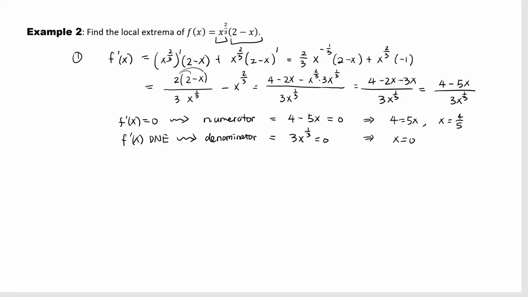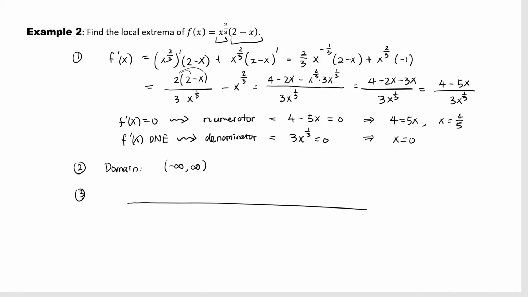Okay, so the second step, we figure out the domain. Here we get cube roots. Cube root is fine, right? For square roots, we need the things inside the square root to be greater than or equal to 0, but cube root is fine. So the domain is all real numbers. All right, so step 3, we want to draw the table or a diagram, the real number line.